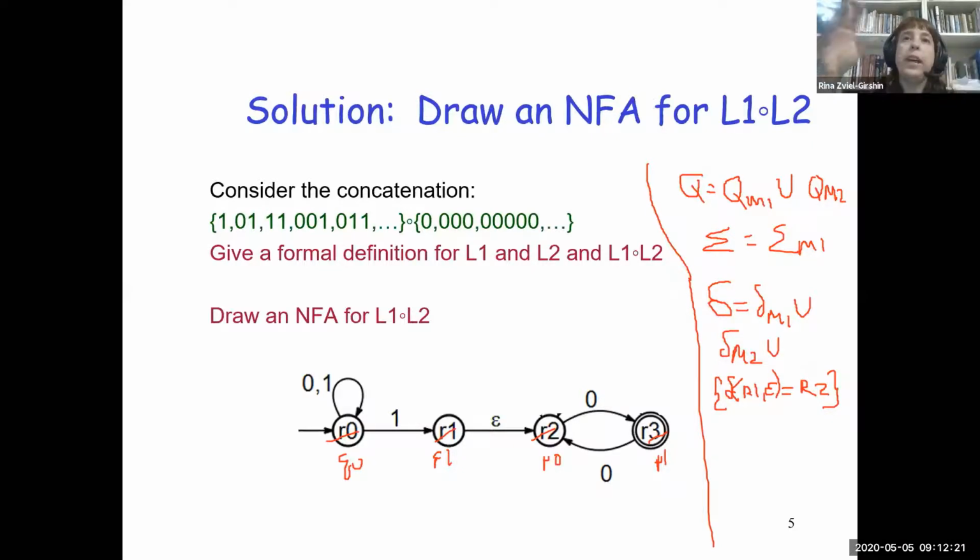But if I have some abstract solution, some machine M1 that I don't see, but I know that it exists, I have to write the more correct definition, and I have to mention that for each state, let's call it small r, that belongs to F of M1, the final states of M1, I will define this transition.